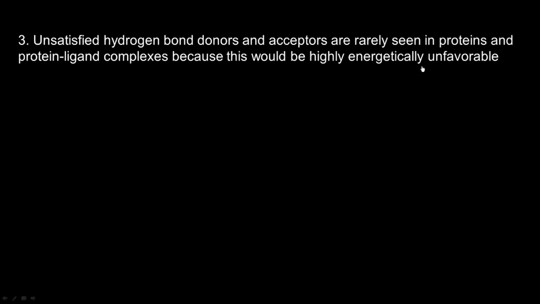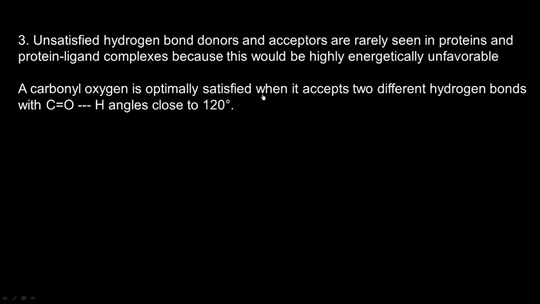So if there is a ligand which has a hydrogen bond donor or a hydrogen bond acceptor group, you need to position it so that it interacts with the corresponding acceptor and donor of the amino acids in the active site. So you will rarely have an unsatisfied condition. A carbonyl oxygen is optimally satisfied when it accepts two different hydrogen bonds, close to 120 degrees.